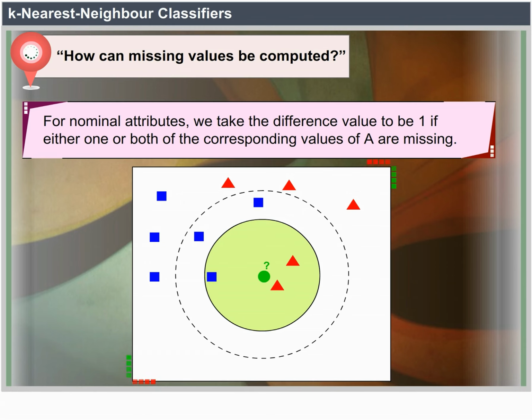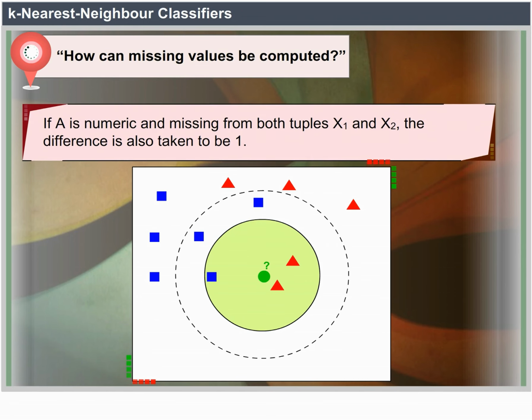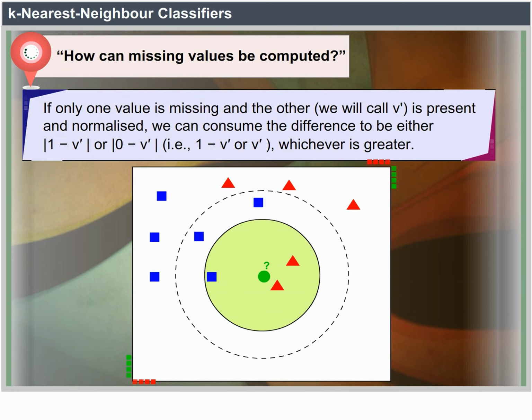If A is numeric and missing from both tuples x1 and x2, then the difference is also taken to be 1. If only one value is missing and the other, which we will call v', is present and normalized, then we can take the difference to be either 1 - v' or 0 - v', that is, 1 - v' or v', whichever is greater.